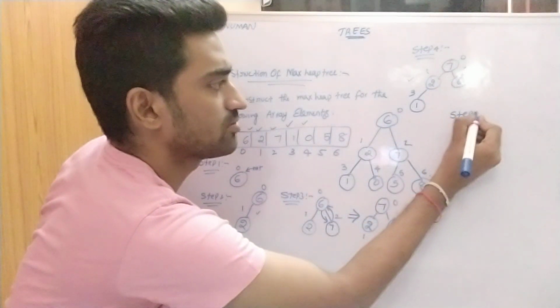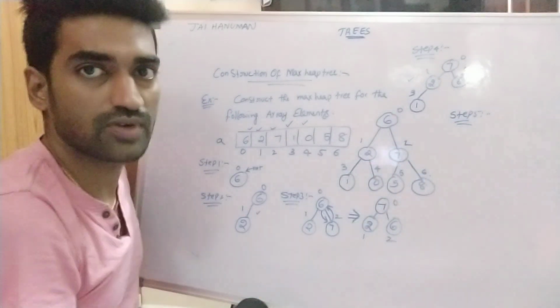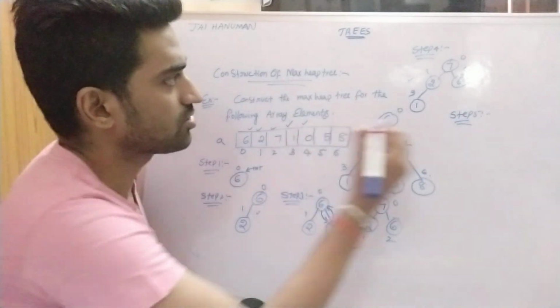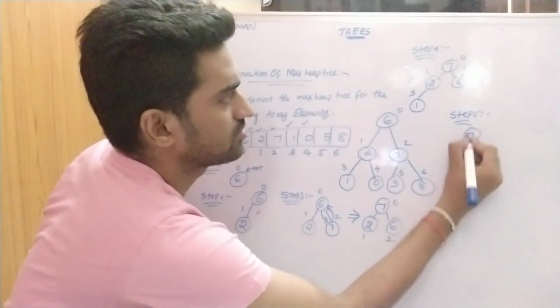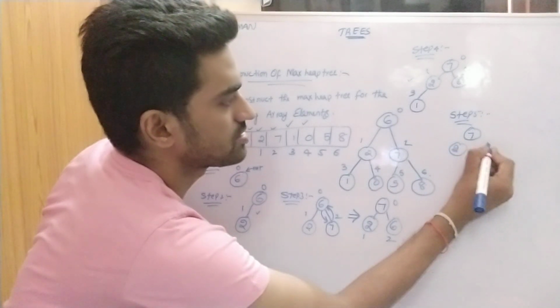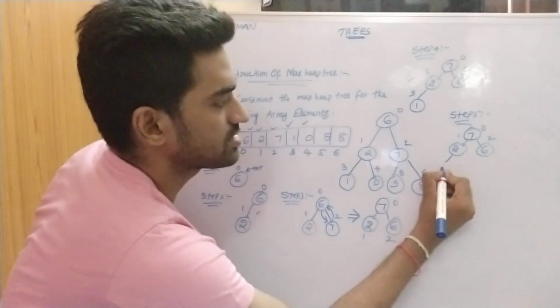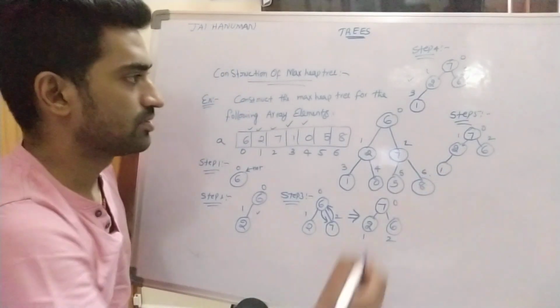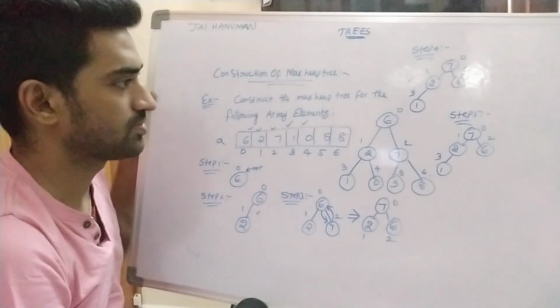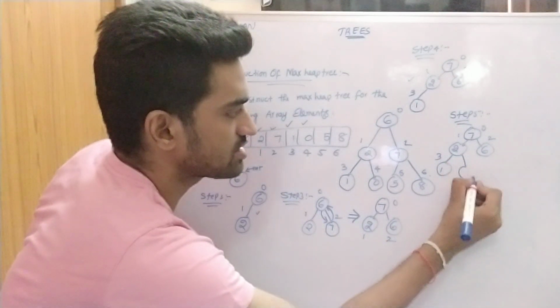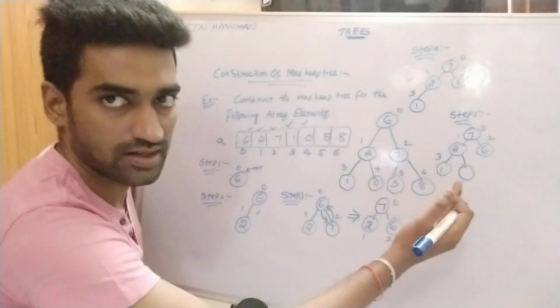In step 5, we are inserting one more node. What is the node? 0. 7, 2, 6, 1. Next position is this one, as far left as possible, right?